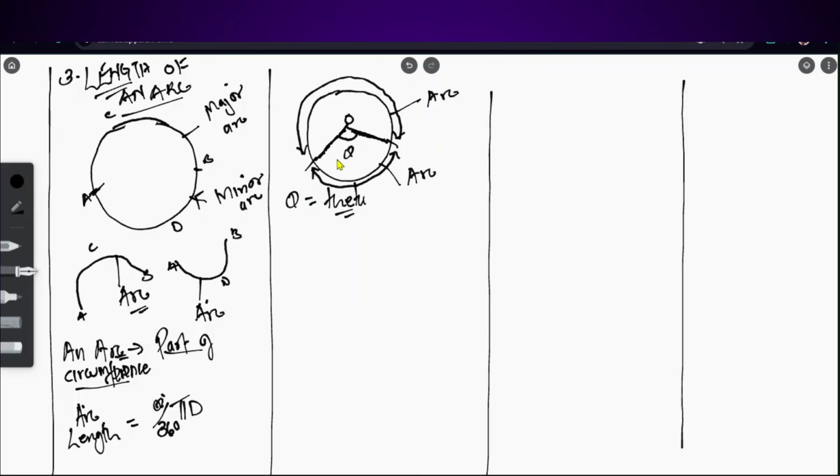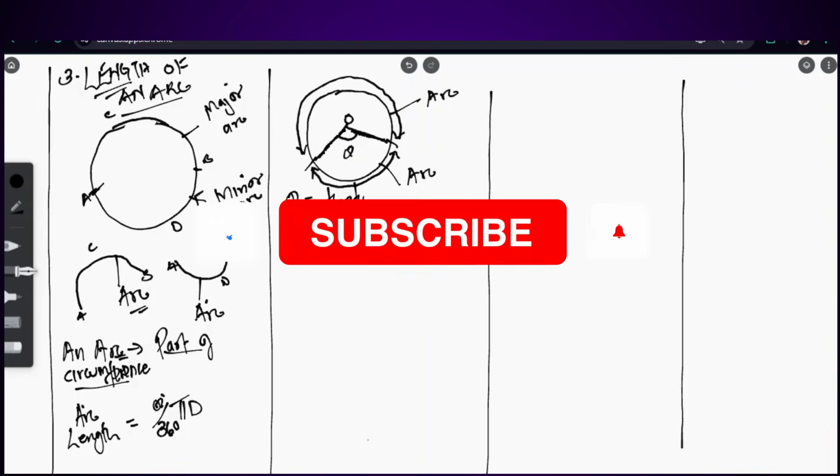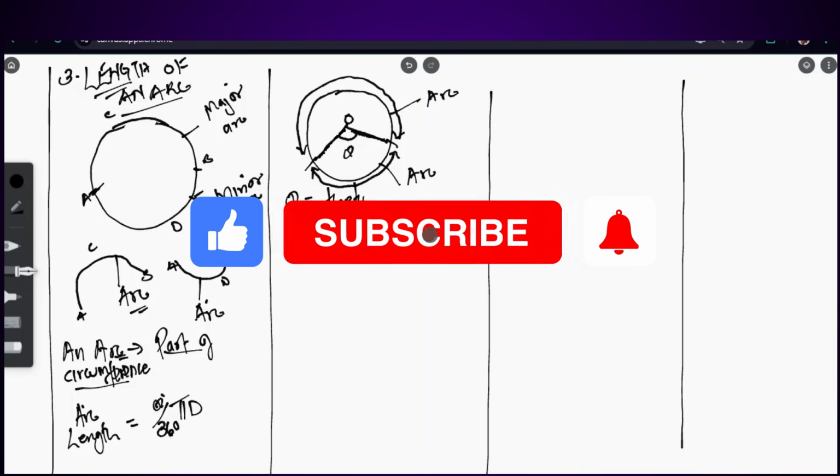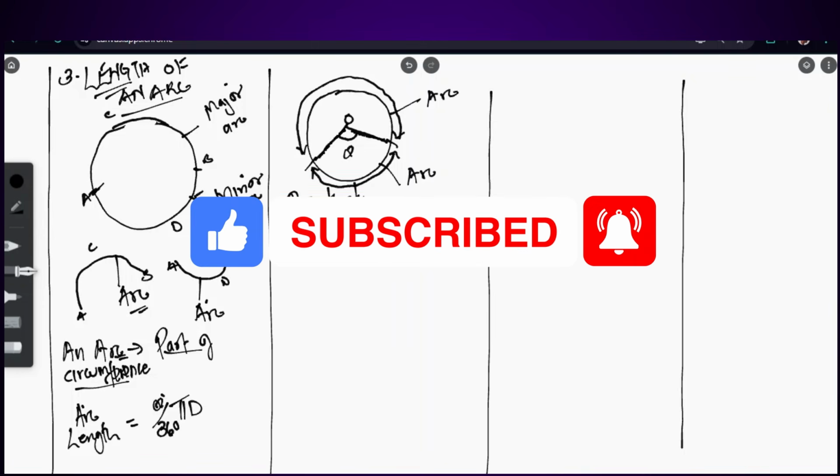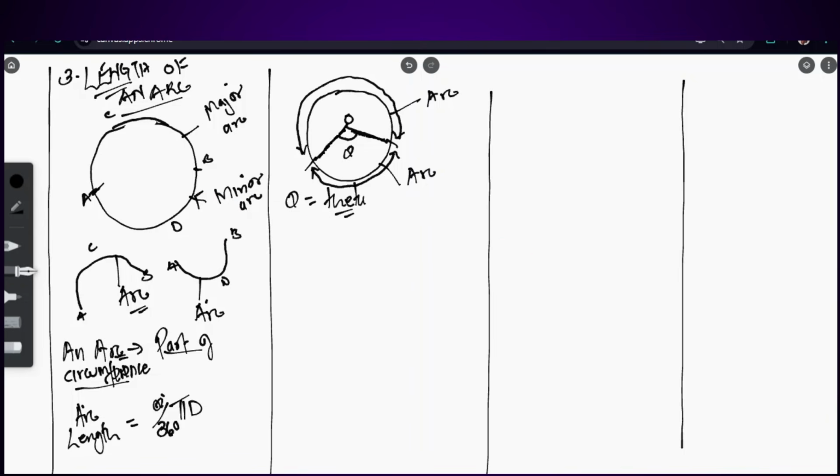So if I want to get the length of this arc, this one is a minor arc. The smaller one is the minor.